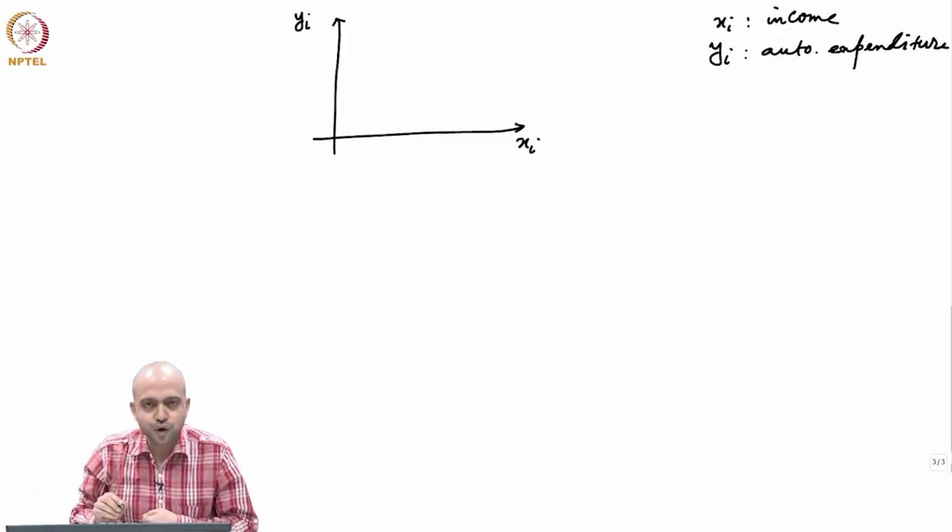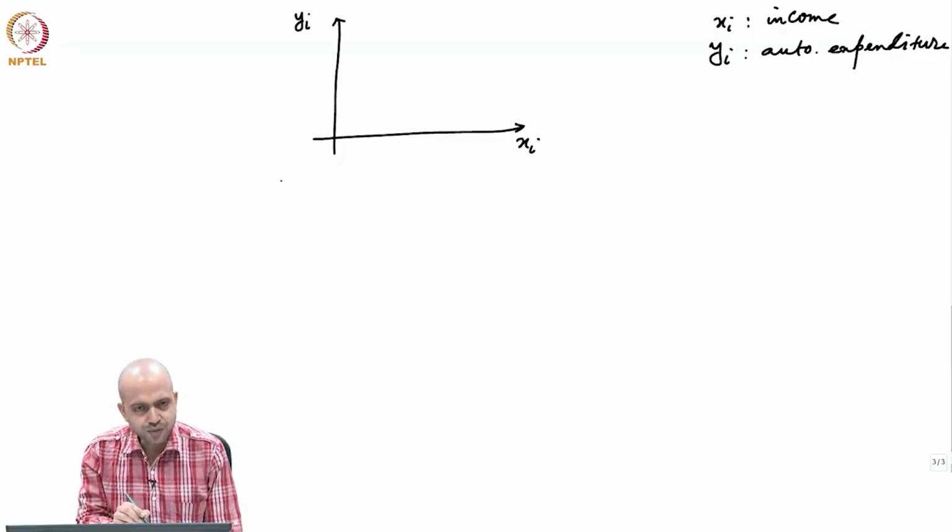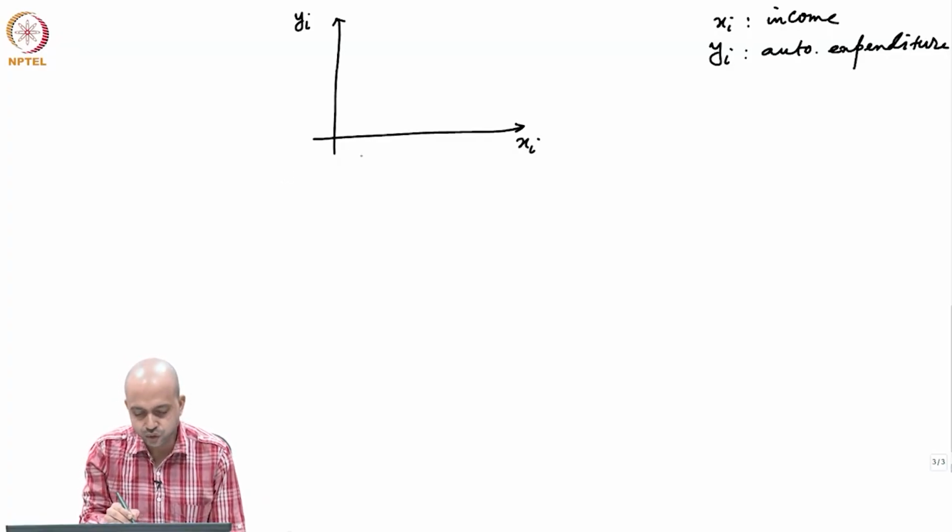So, if you plot the raw data, then what will happen? For some households, you have 0 automobile expenditure, that means they will lie on the x-axis.